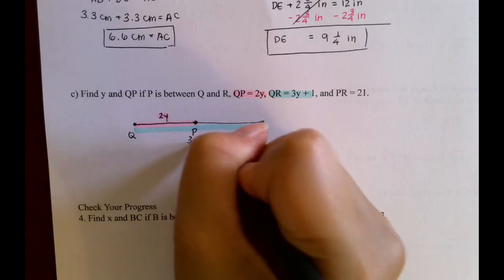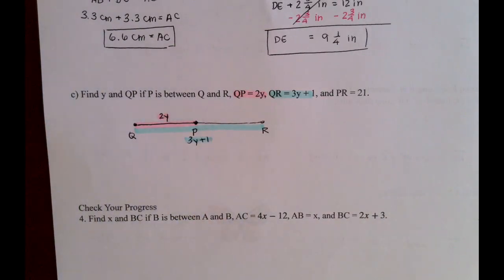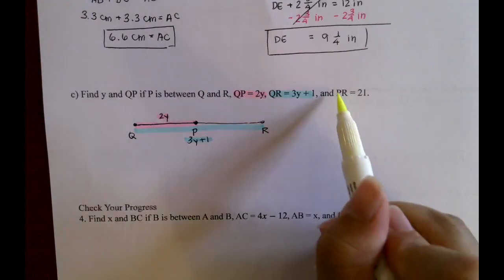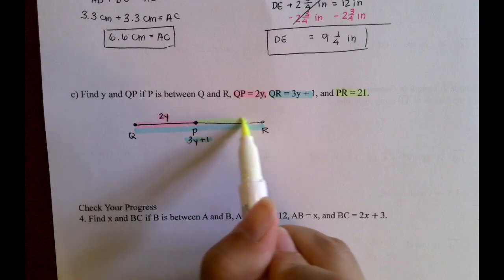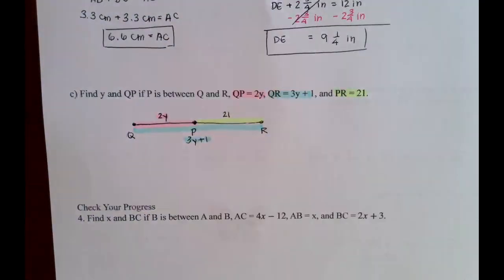Draw that, 3Y plus 1. And then I know that PR is 21. So PR is here, and that is 21.